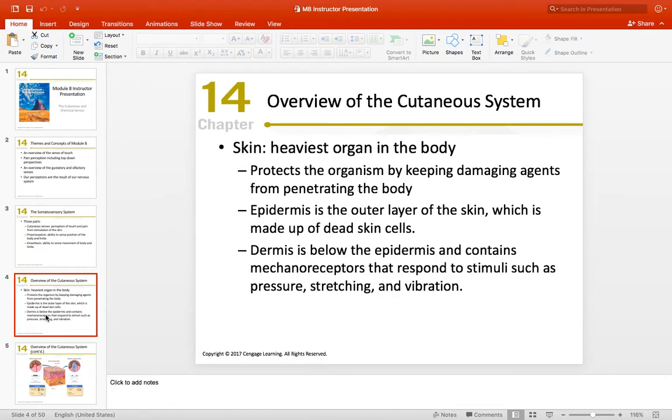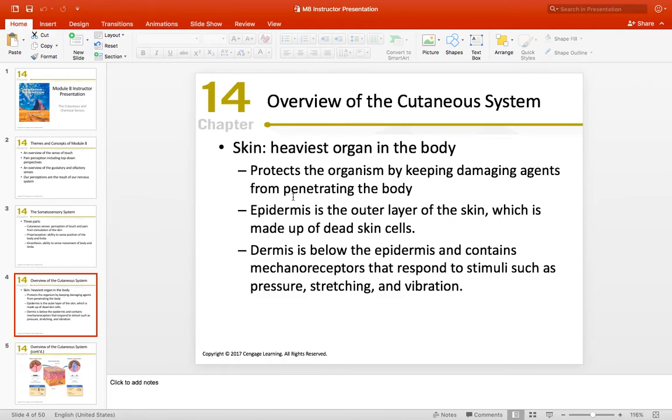So the cutaneous. Now, one thing you want to pay attention to is the different types of receptors that are found in the cutaneous system. Of course, we're talking about the skin. Your author mentioned some interesting facts about the skin. Incidentally, it is the heaviest organ of the body, and it does offer some protection for us. It protects us from dangers, chemical agents, and stuff like that.